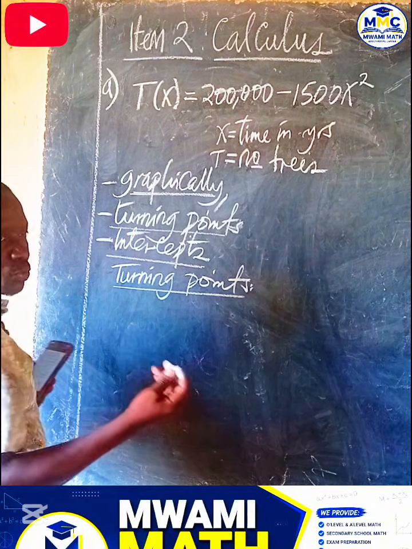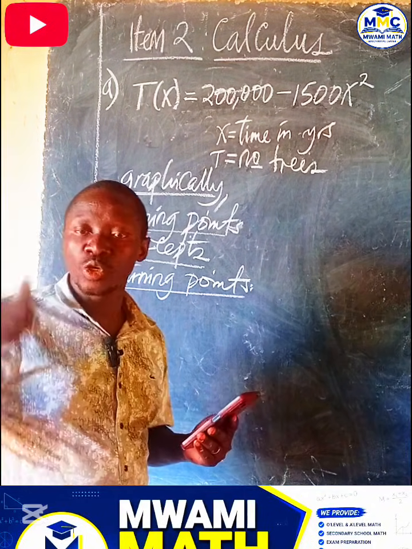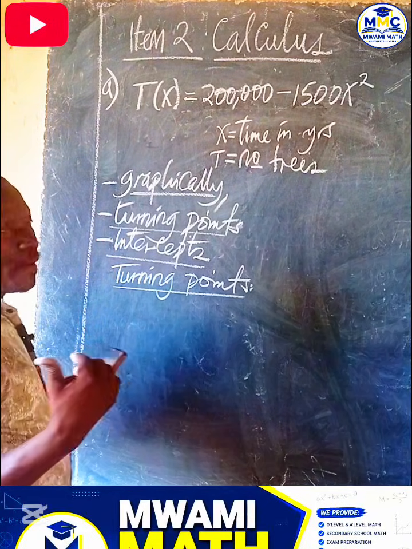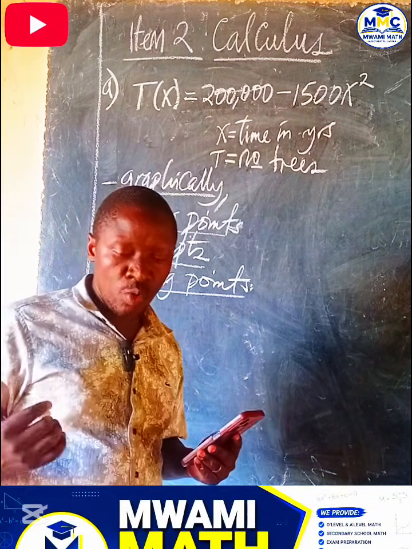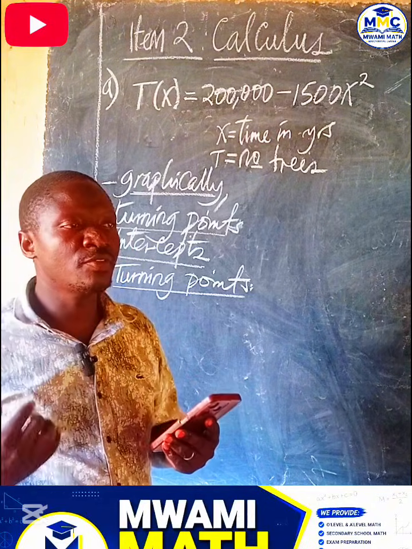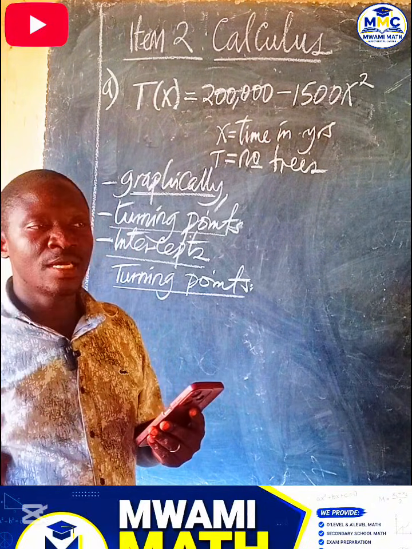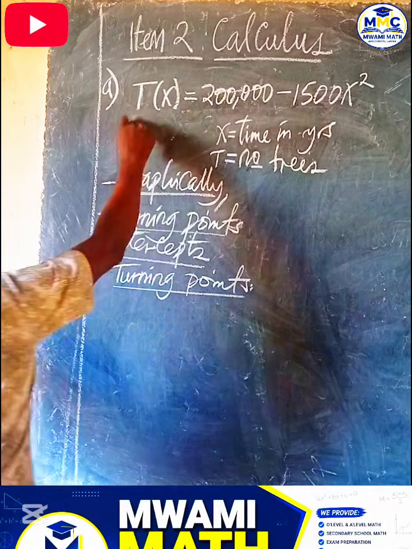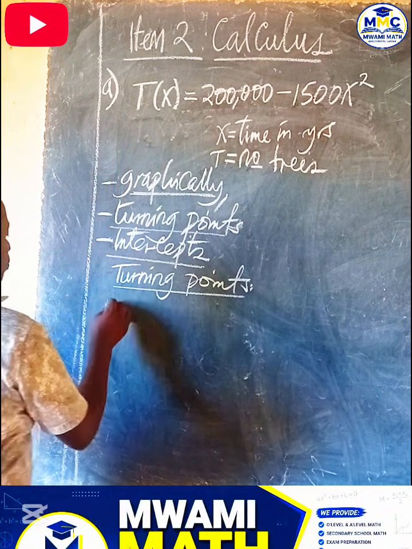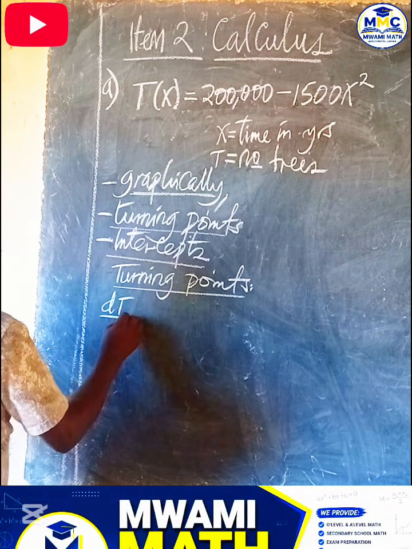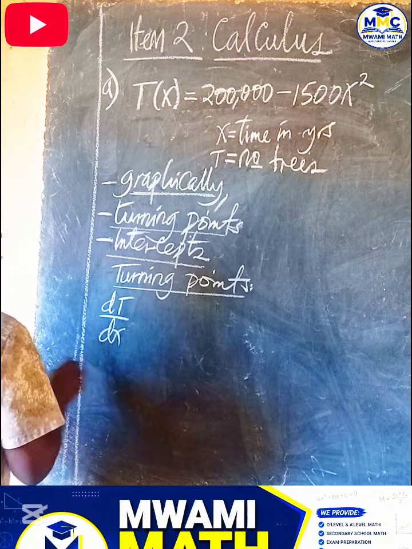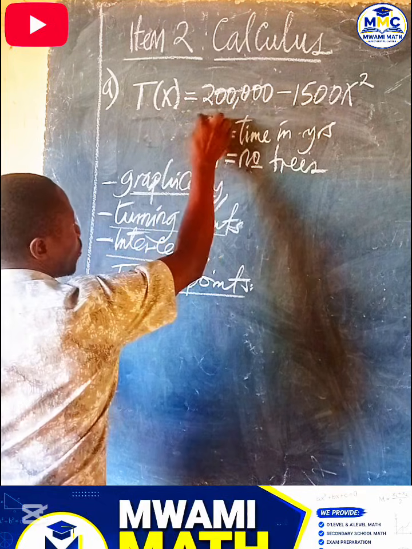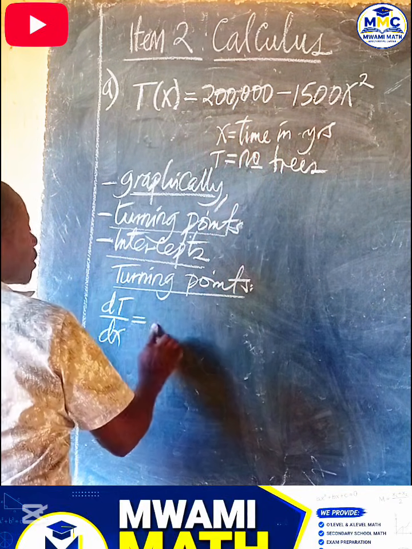So now, what we shall do, we shall formulate a gradient function. And for those of you who know that, how do we get the gradient function? By differentiating the given function. So we shall differentiate our function by saying dT/dx will give us, now when you differentiate this one comes to a 0.